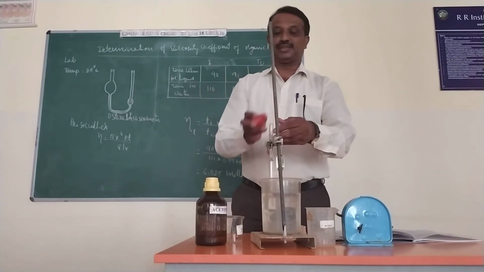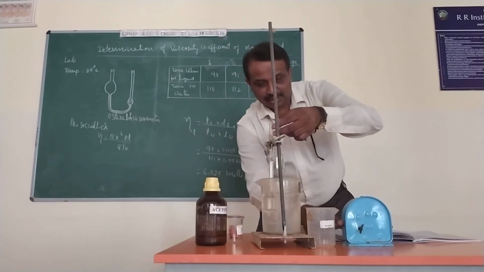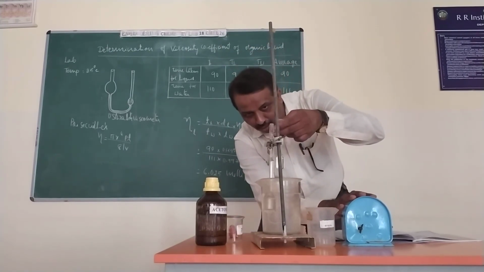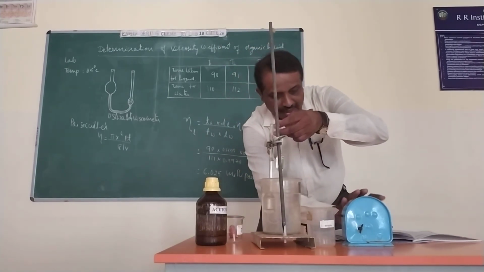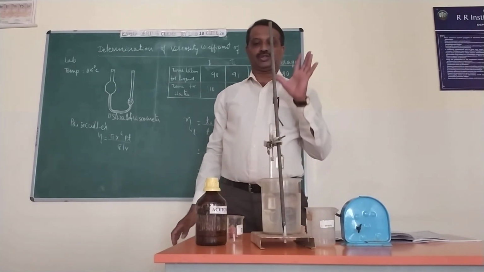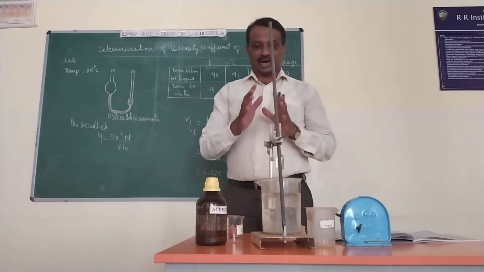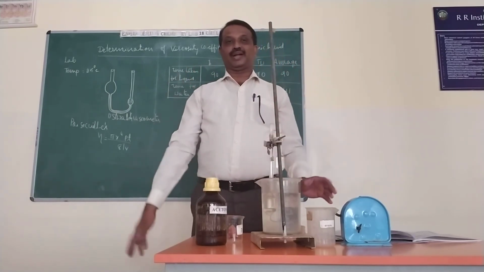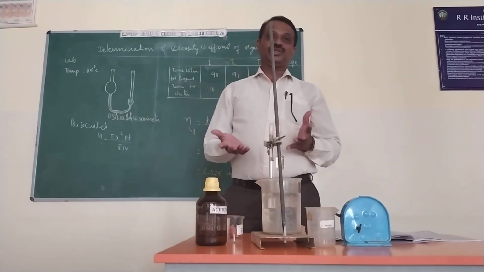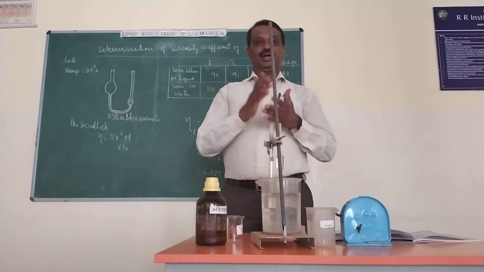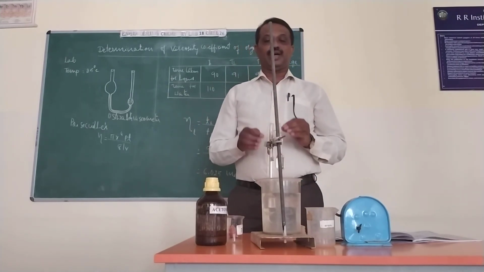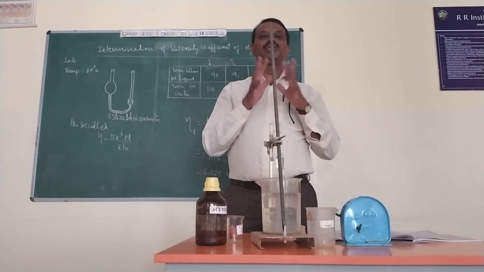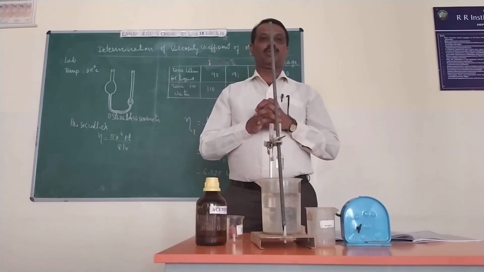Afterwards you can start the same stopwatch. Don't change the stopwatch and the viscometer for all 3 trials of the liquid and all 3 trials of the water also. In between using water and liquid, you should use the same viscometer.